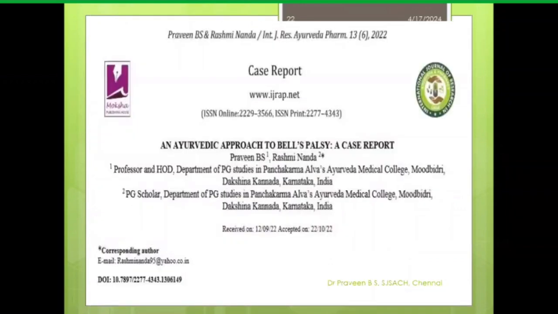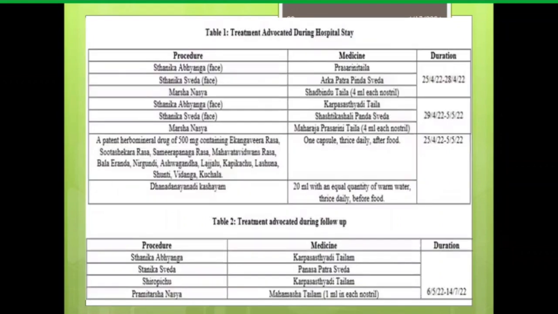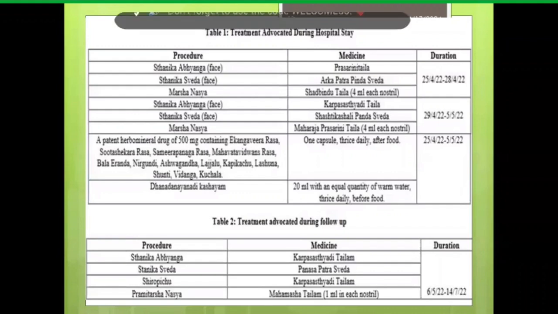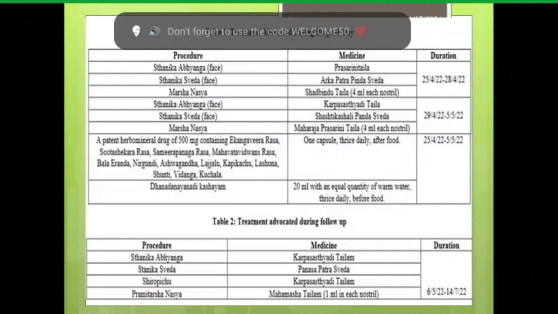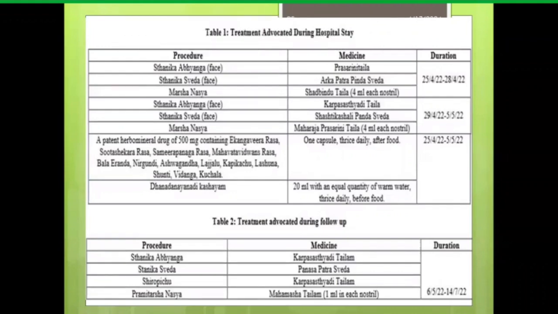Now the second case, one more published case. The treatment given was Sthanika Abhyanga with Prasarini Taila, Sthanika Sveda with Arkapatra Sveda, and Marsha Nasya with Shadbindu Taila, 4 ml in each nostril. Then Sthanika Abhyanga with Karpasasthyadi Tailam, Sthanika Svedana with Shashtishali Pinda Sveda, and Marsha Nasya with Maharaja Prasarini Taila, 4 ml in each nostril.